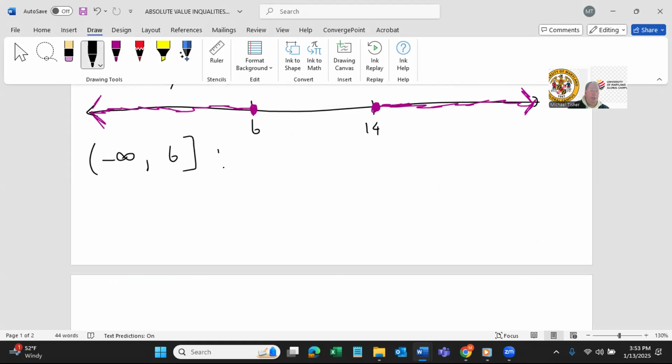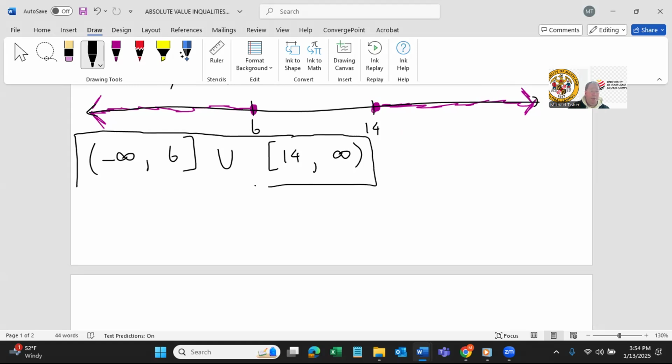And then we're going to union this with the interval that goes from 14 on. And we want to include the 14, so put a bracket there, and then comma, and it goes onward forever to infinity, and infinity always gets a parenthesis. And so this is the full answer right here. So this represents all the numbers that are less than or equal to 6 inclusive and bigger than 14 inclusive.